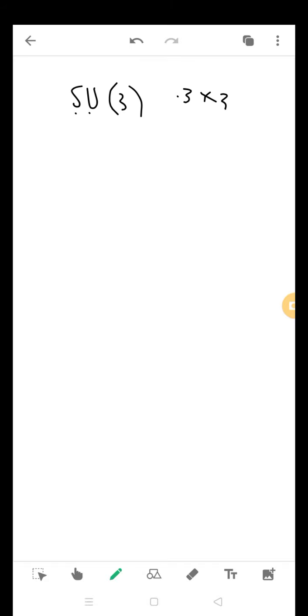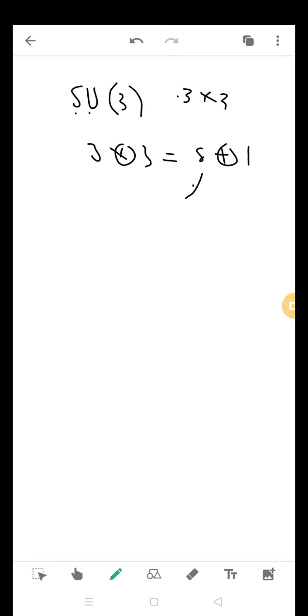This 3 cross 3 is also a reducible transformation. It can be broken down into 8 plus 1 representations.